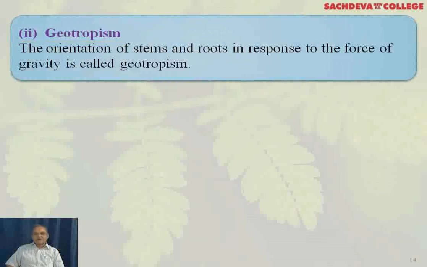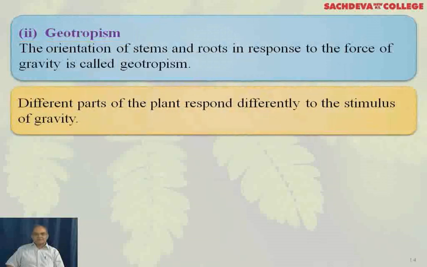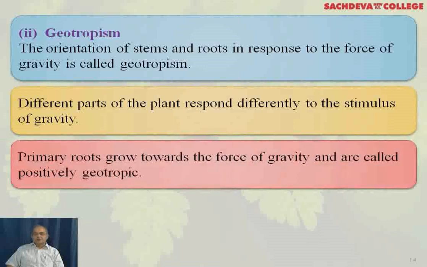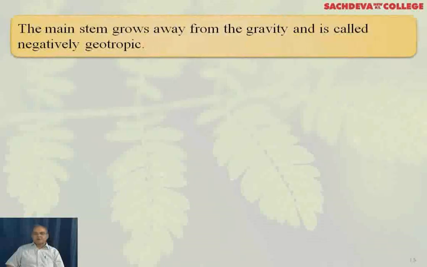Geotropism. The orientation of stem and root in response to the force of gravity is called geotropism. Different parts of the plant respond differently to the stimulus of gravity. Primary roots grow towards the force of gravity and are called positively geotropic. The main stem grows away from gravity and is called negatively geotropic.